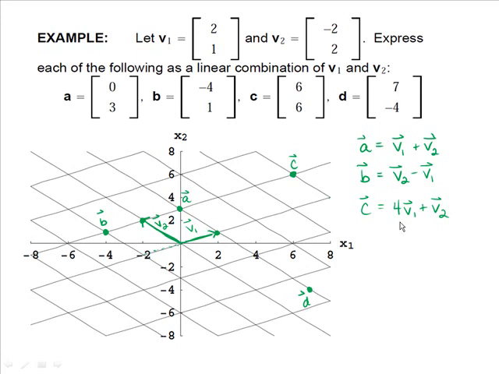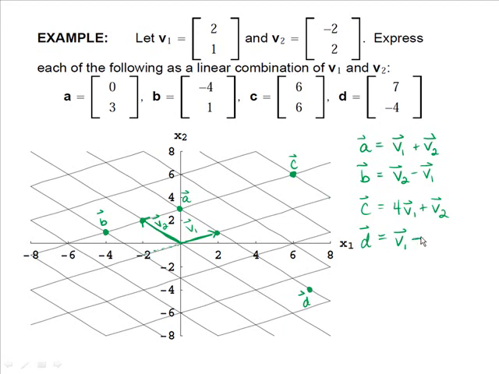Now let's look at D. We see that we're over here. So we have v1 plus, and then we would take v2 and flip it over, so plus or minus, and we have 1, 2 and a half.